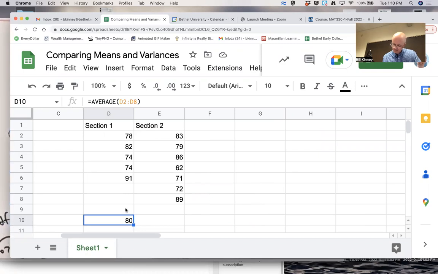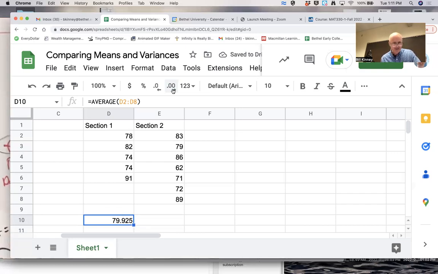Why did we get 80 there? Is it rounding? Okay, it's rounding, I guess. So it's 79.8. That's what I got on the calculator. Did I type something wrong? The mean is coming out different. So, okay, no, I got 79.8 before. All right. I'm confused.